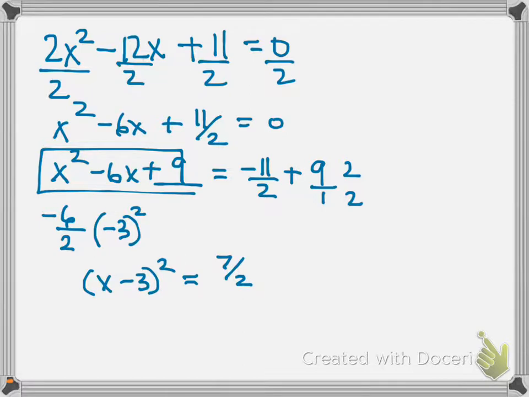So, to put it in vertex form, you move the 7/2 back over. So that's how I move the 7/2 back over. And the last step is that 2 you factored out at the first, you have to put it back because it is your a value.